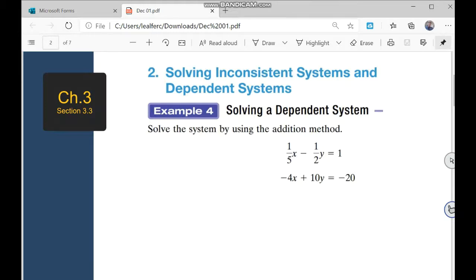A dependent system is the one that has infinitely many solutions. If we're trying to solve a system of linear equations, let's check how to identify a dependent system with infinitely many solutions in this example that we're going to work out now.